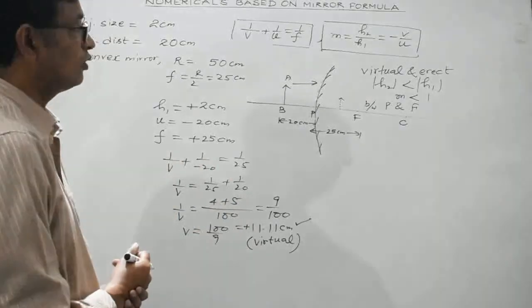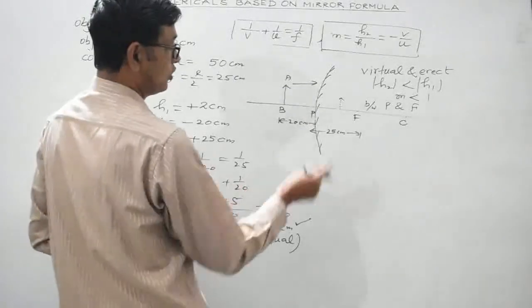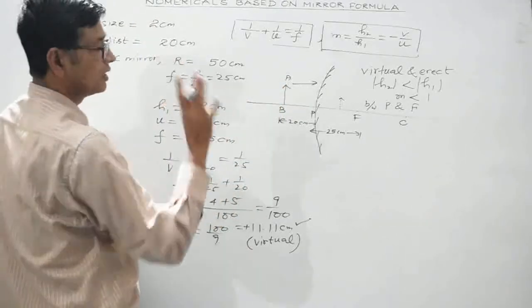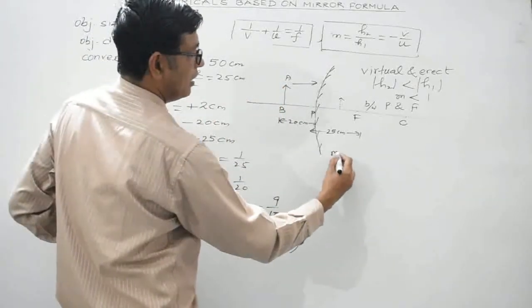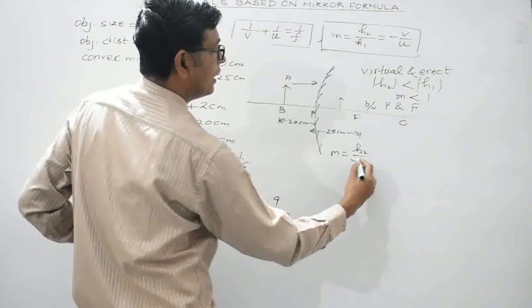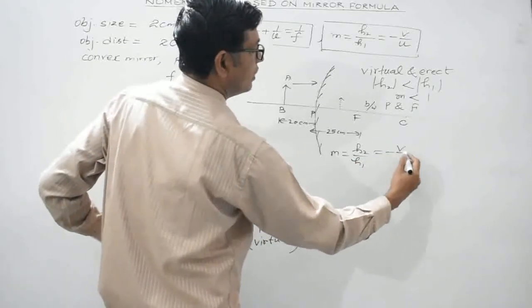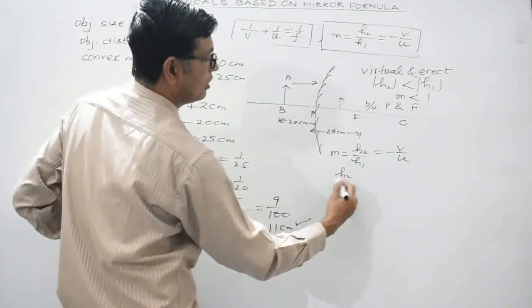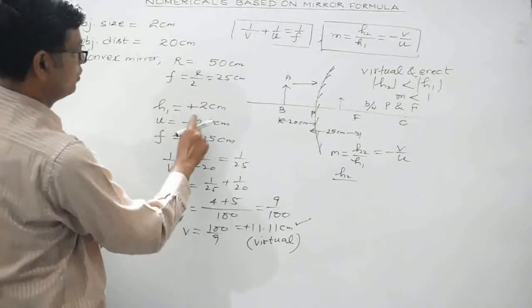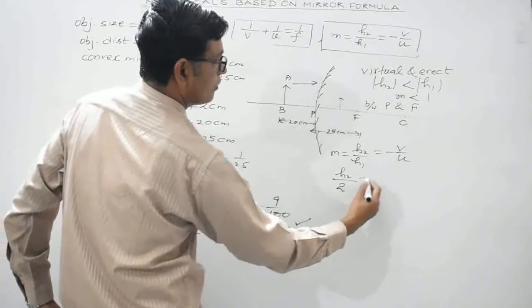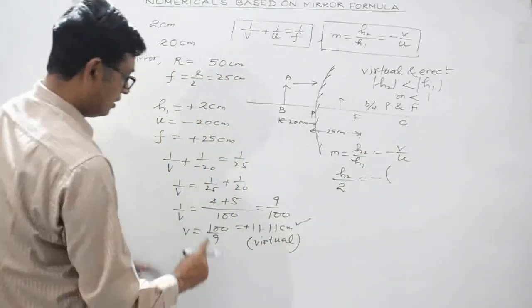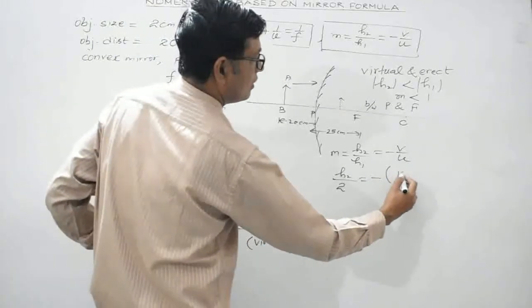Now let's try to find out the size of the image, which should be less than 2 centimeter. Let's see. M is equal to H2 by H1 is equal to minus V by U. H2 is to be determined. What is H1? It's +2. Minus, what is V? V is 100 by 9.